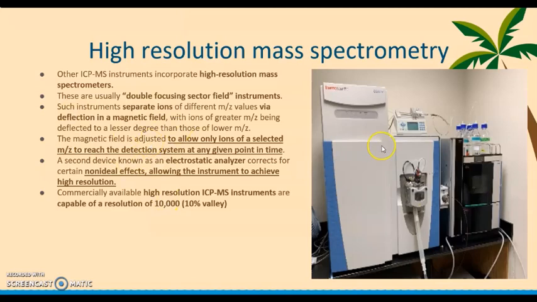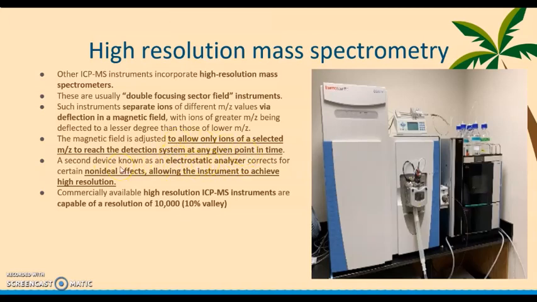So, ang maganda dito, double focusing siya. Unlike doon sa quadrupole mass spectrometer natin, ito, pwede mo rin siyang magalaw. Meron din siyang pang-tune doon sa gusto nating makita. At the same time, meron siyang isa pa na tinatawag nila yung second device which is known as electrostatic analyzer.